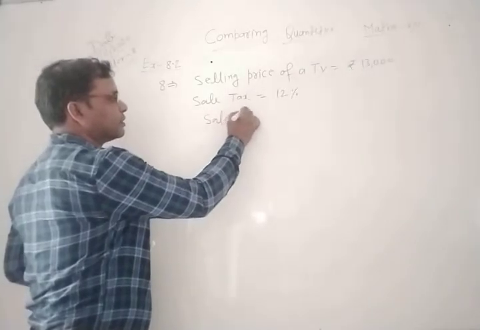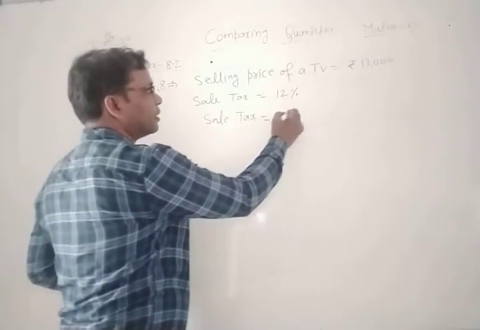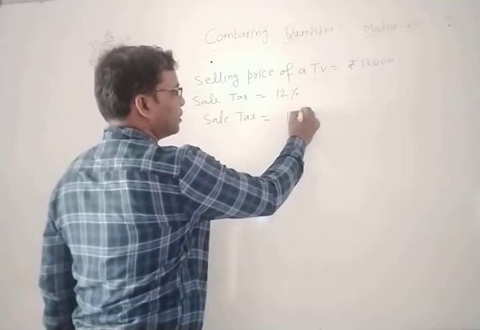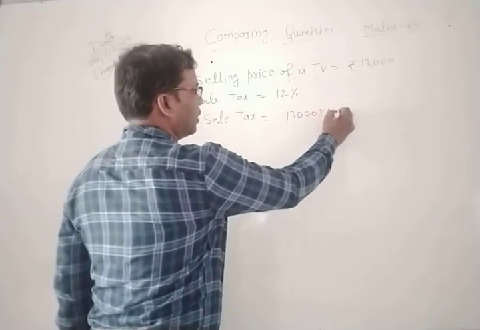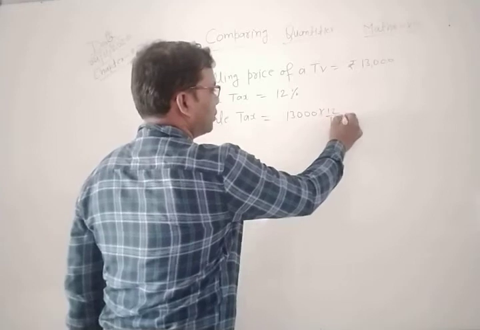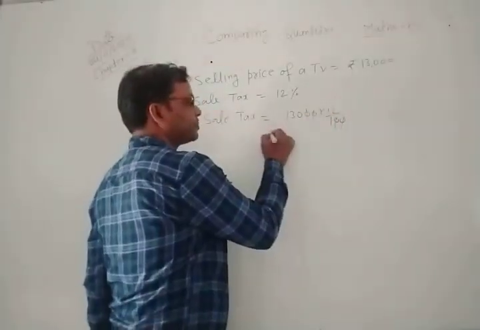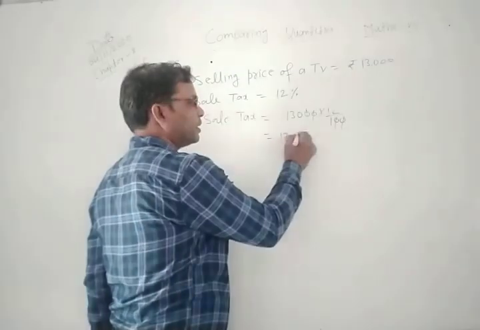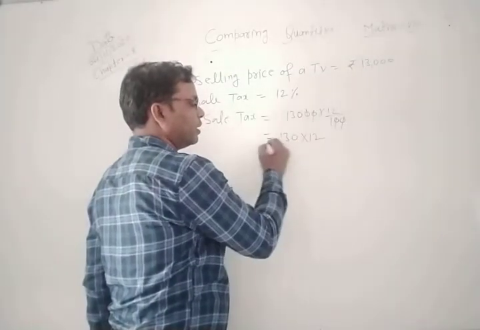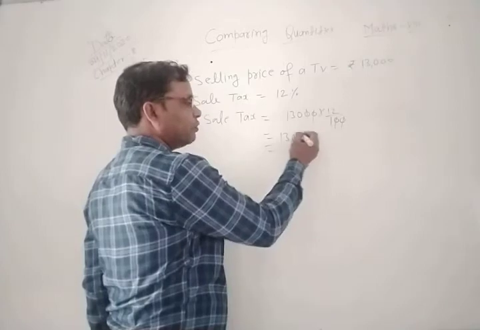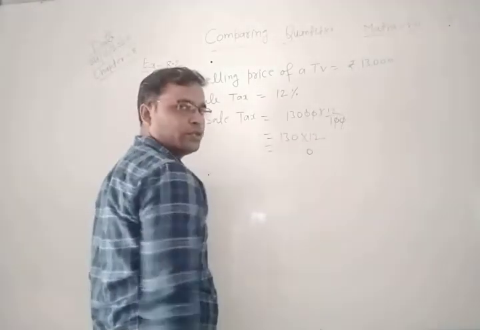Sales tax is 13,000 into 12 by 100. So the 1 and 0 cancel here. We have 130 into 12. So if you multiply 12 into 0, then you obtain 0.